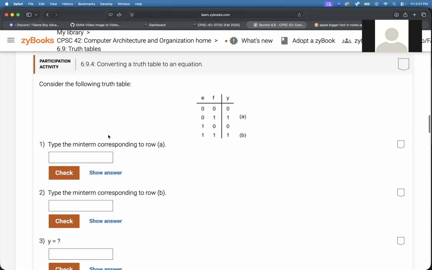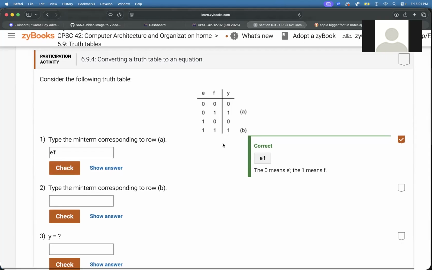So let's do this real quick. What min term is row A? So 0, 1. So 0 for E is not E. 1 for F is just F. Row B, 1, 1 would be EF.